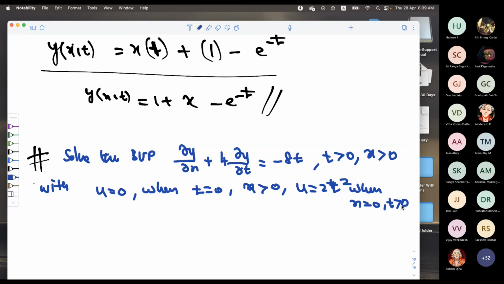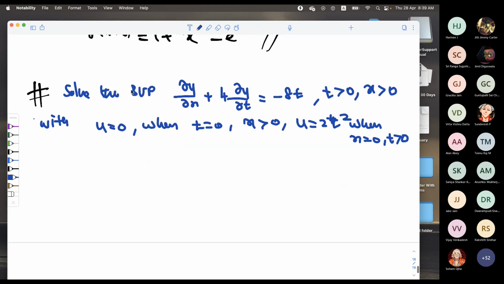Actually, it is a very lengthy problem. Concept wise, it is a boundary value problem.